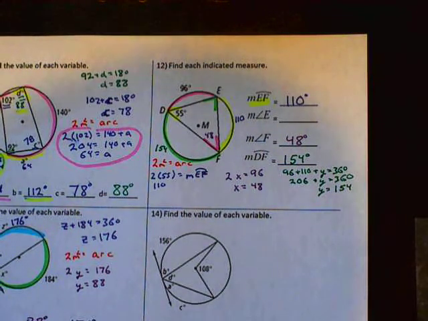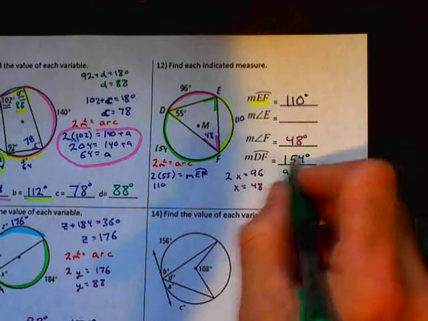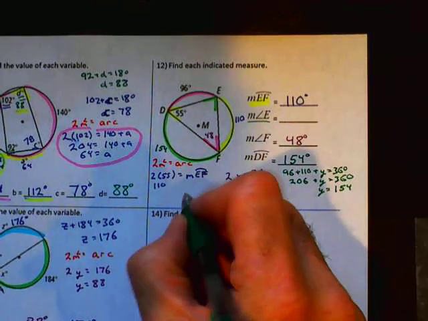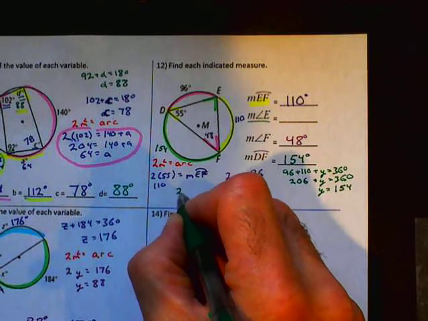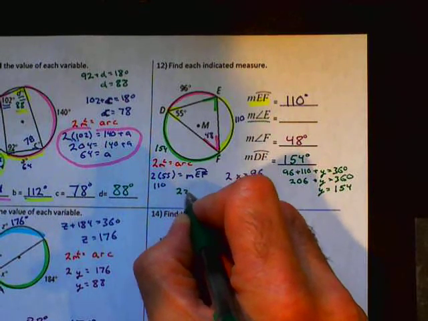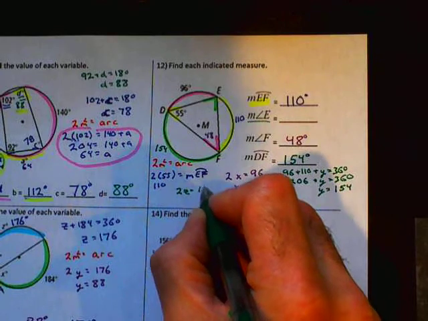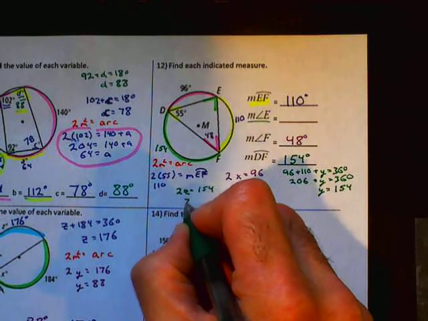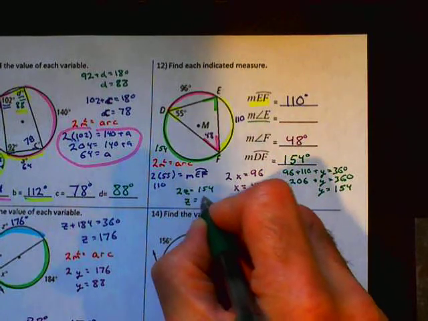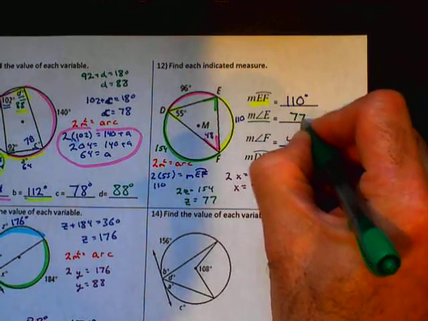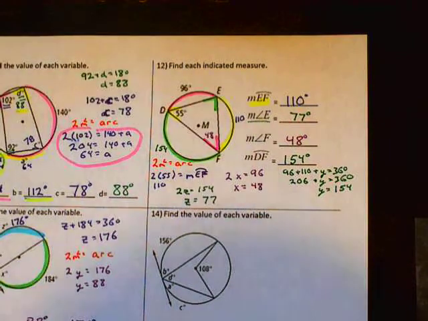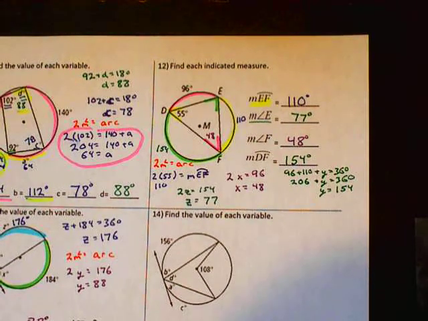So let's say this angle, 2 times z equals 154. So z must equal 77 when I divide both those by 2. And that's number 12.